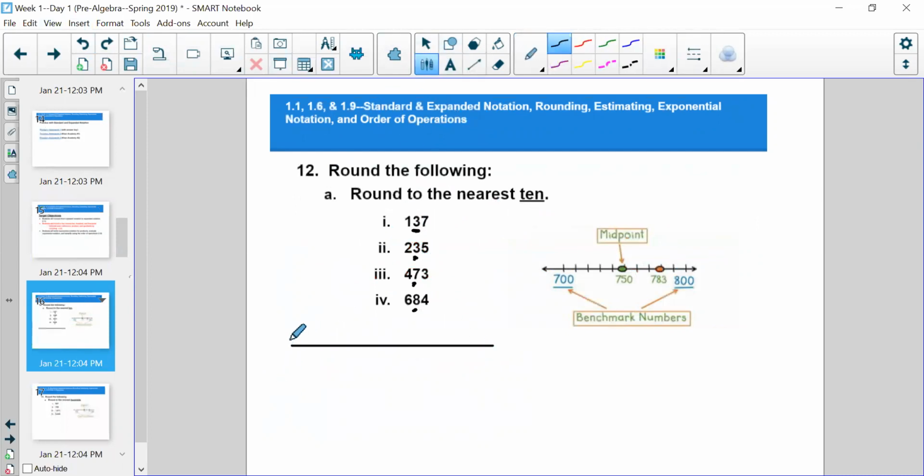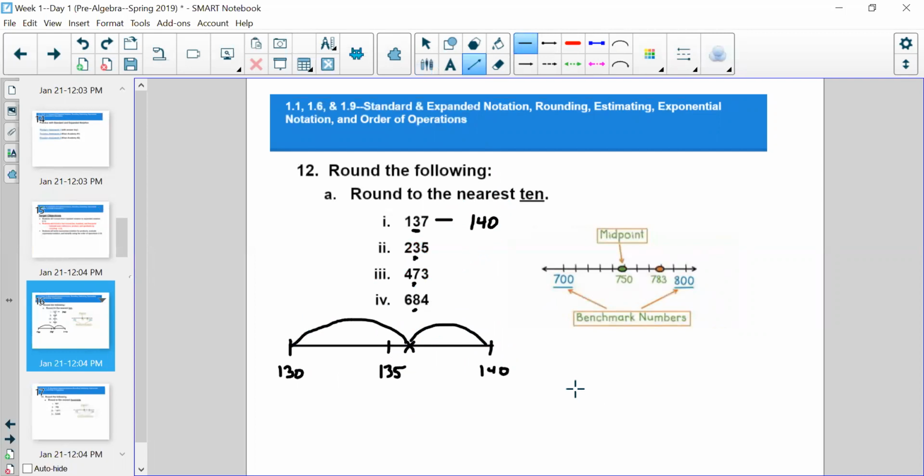So we know that it's going to be between 130 and 140. And we know in the middle is 135. So 137 is going to be somewhere here. So notice that it is closer to 140 than it is to 130. So this would round to 140.